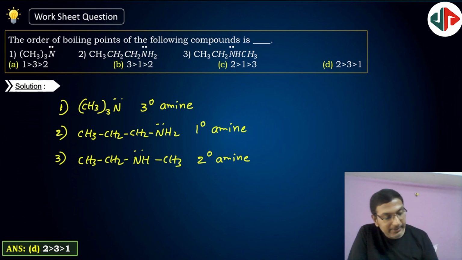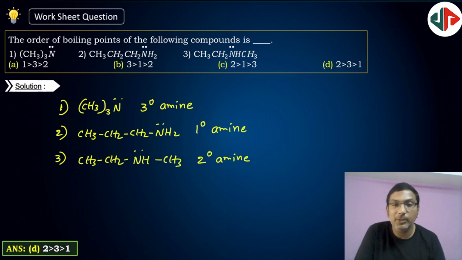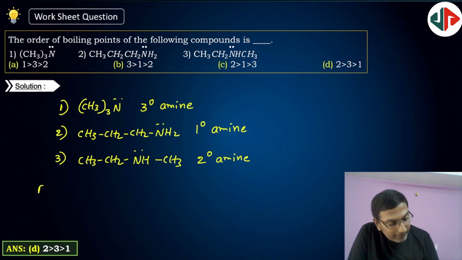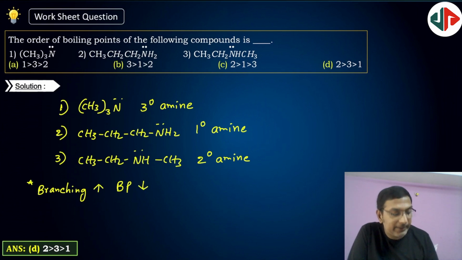So the second, primary amine with NH2, can form hydrogen bonding very easily when compared to the remaining. As the branching increases, boiling point decreases. Remember this point.